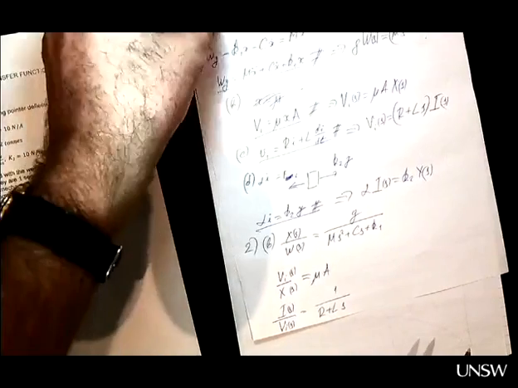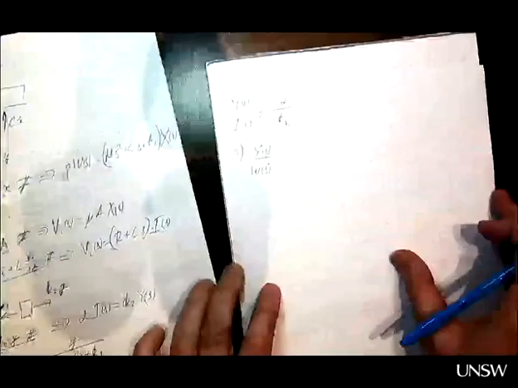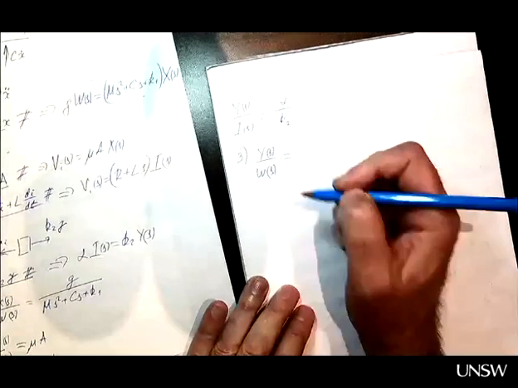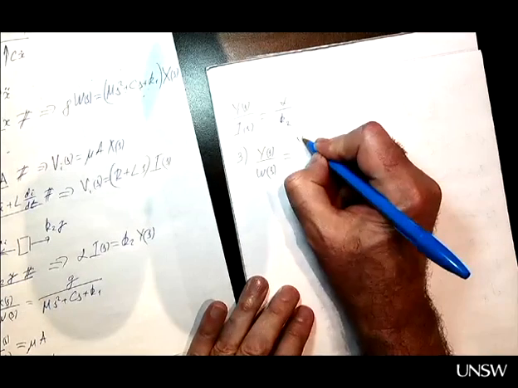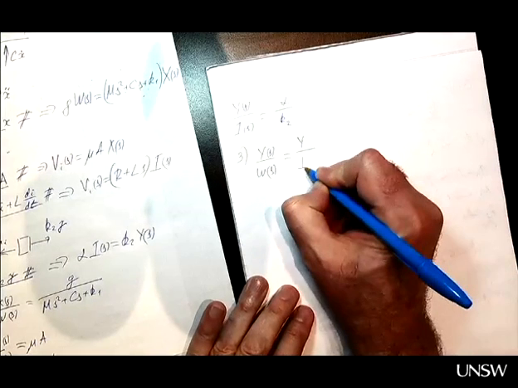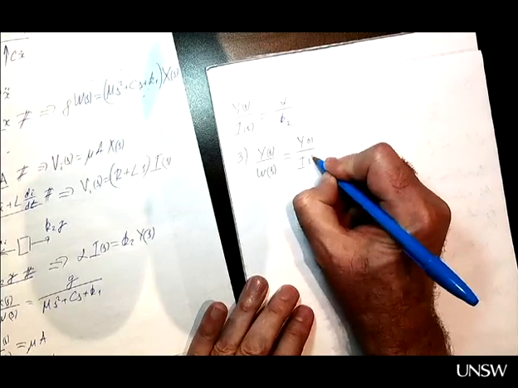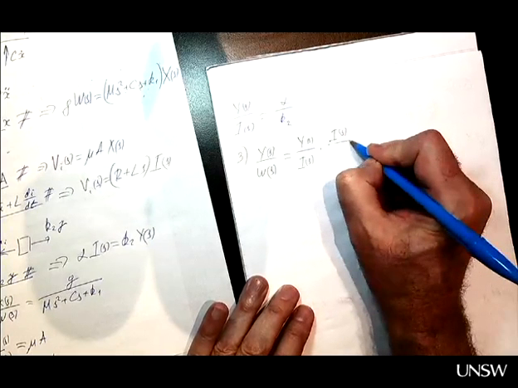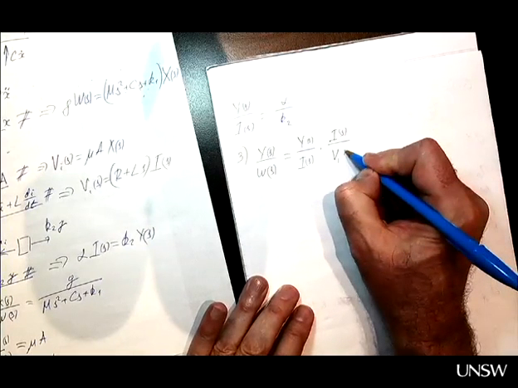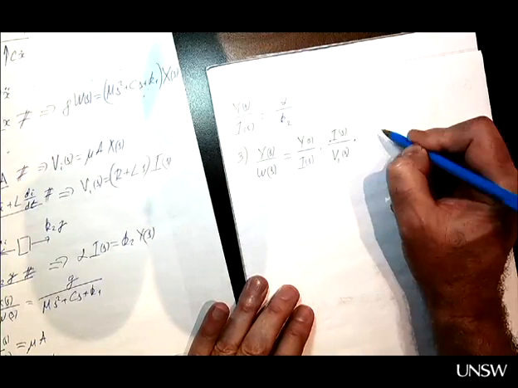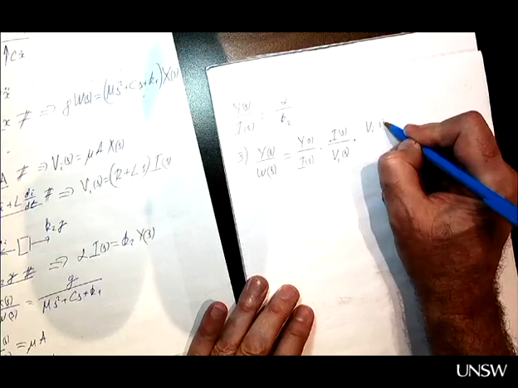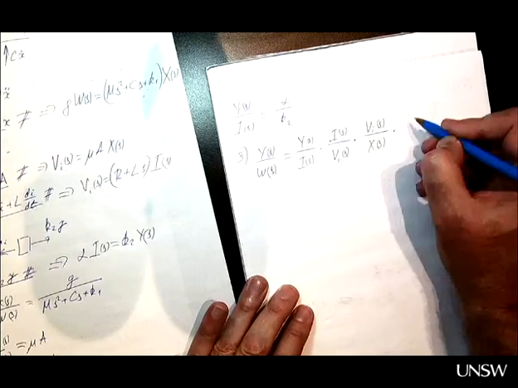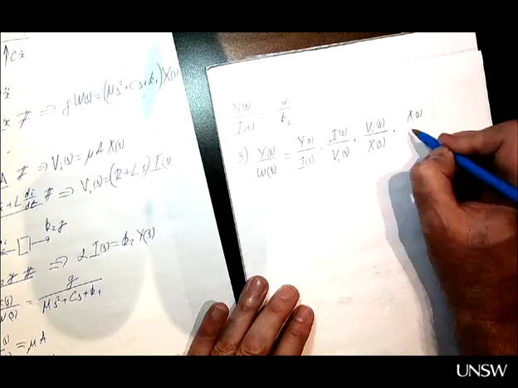Or, since you already have these 4 individual transfer functions, what you can do is write the following. That y over w is equal to y over I of s times I of s over vi of s times vi of s over x of s and times x of s over w of s.